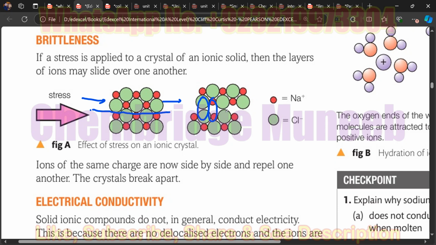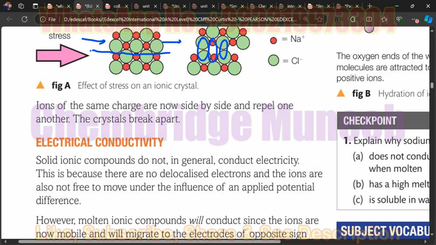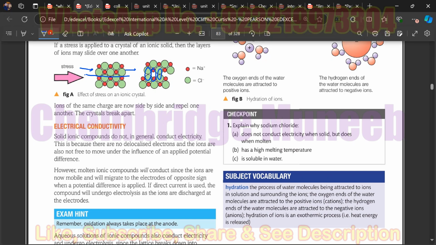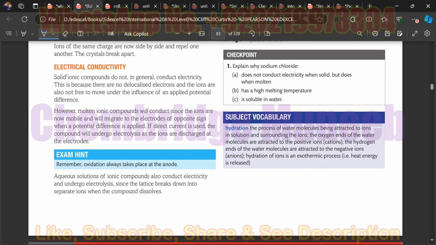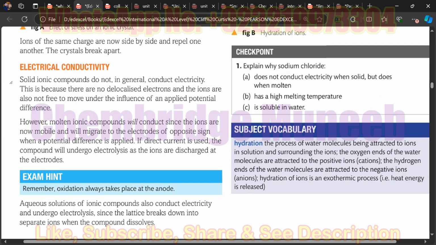So positive ions come in front of the other positive ion, and negative ion come in front of the other negative ion of the other layer. And what happens when the ions of the same type come in front of each other? This is happening in the brittleness, that the layers are splitting apart from each other. Is it clear?